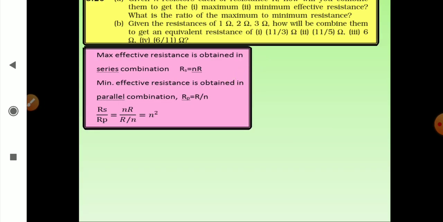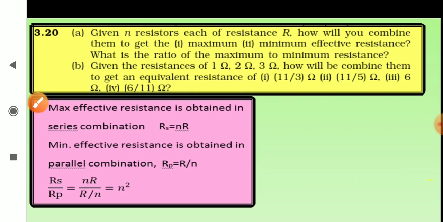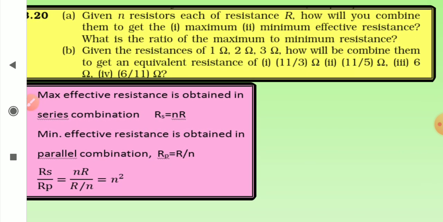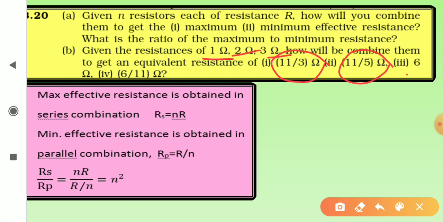Now comes the second part. So let us read the second part now. This is a very good question. See, given the resistances 1 ohm, 2 ohm and 3 ohm, how will you combine them to get an equivalent resistance of 11 upon 3 ohm, second part 11 upon 5 ohm, third is 6 ohm and fourth is 6 upon 11 ohm.